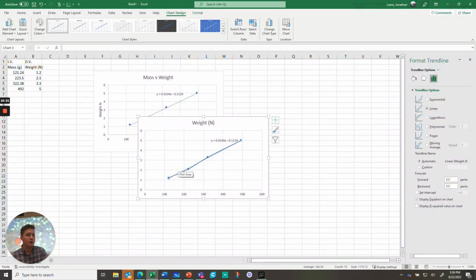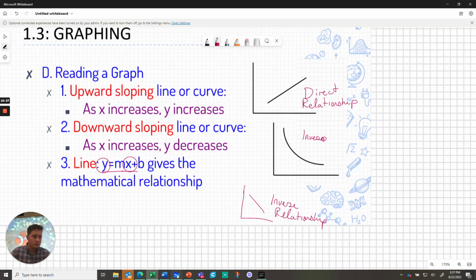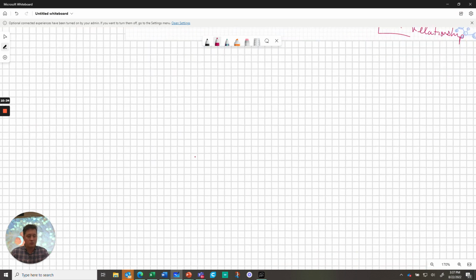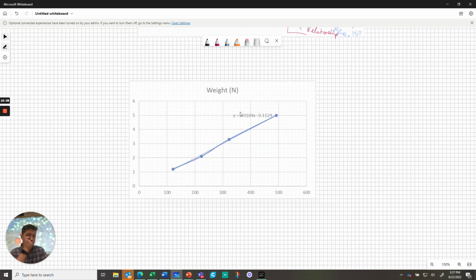Okay, so I have this equation here. Y equals 0.0104 x. And I'm cutting off the b here. We don't need b. The intercept isn't very important.